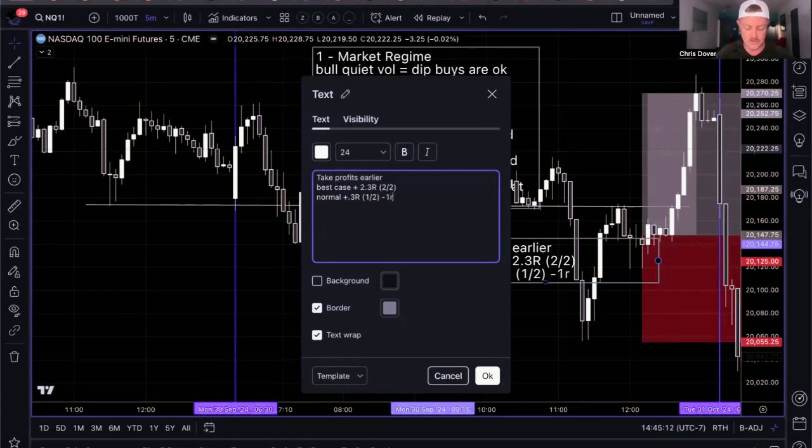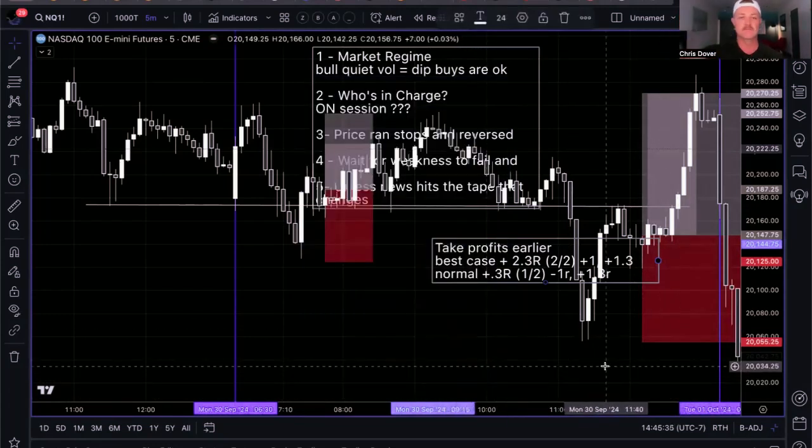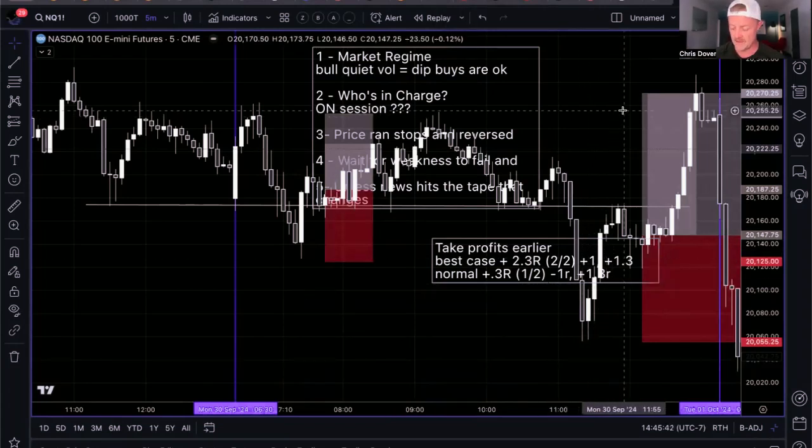So -1R, comma, plus 1.3R. And then this one would be +1, comma, plus 1.3. So hindsight made that one easy, this best case scenario, but it looks like this would have been like a 0.3R day. Not that exciting. But you see how it's easier to see what's going on when you have a game plan going into it.